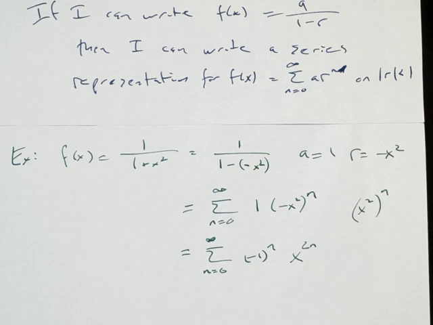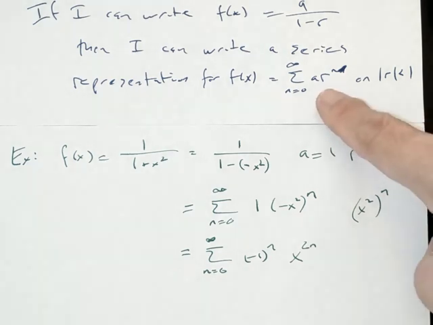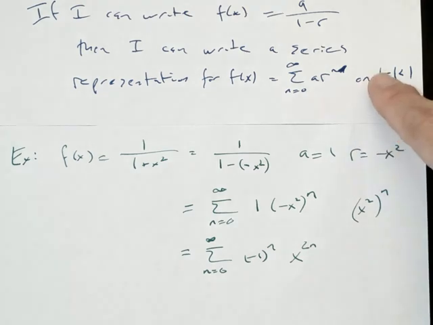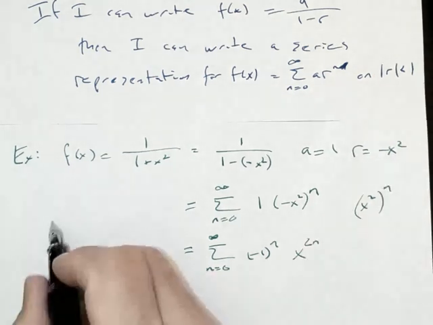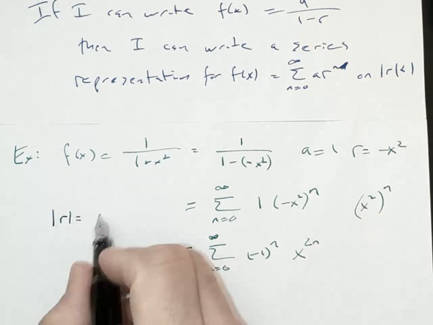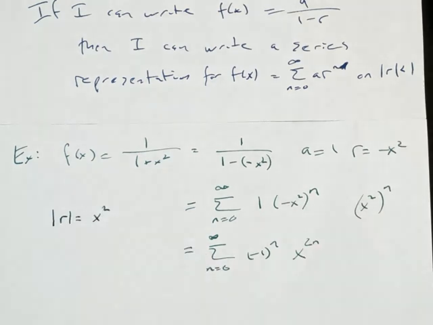It's right above this example. Because this is a geometric series, it only converges inside r less than 1. So I take the absolute value, and I make that less than 1. I could do the ratio test, but then I'd have to check the ends. But since I was starting with a geometric series, I don't have to.